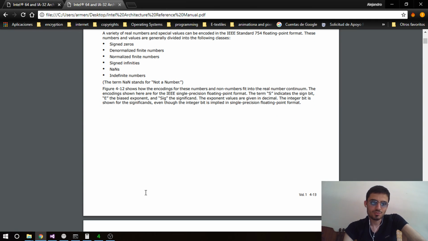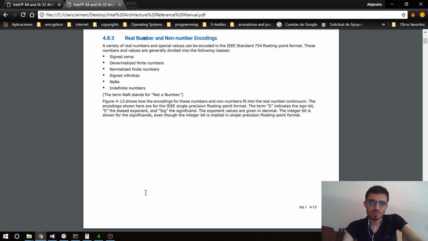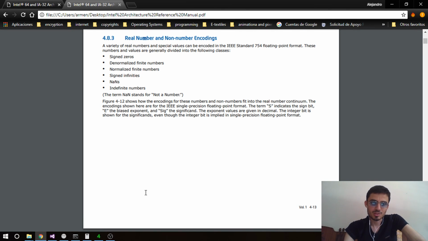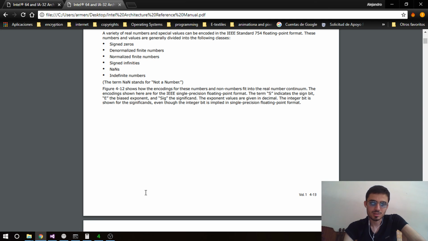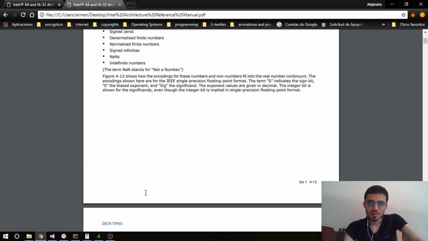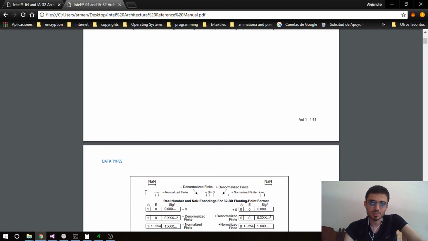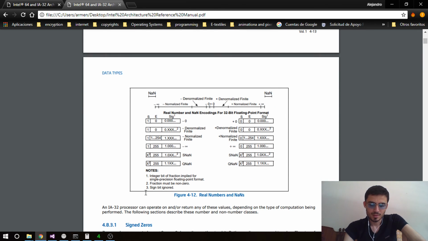Figure 4-12 shows how the encodings of these numbers and non-numbers fit into the real number continuum. The encodings shown here are for the IEEE single precision floating point format. The term S indicates the sign bit, the E the biased exponent, and the significand. The exponent values are given in decimal. The integer bit is shown for the significand even though the integer bit is implied in single precision floating point, blah blah blah.